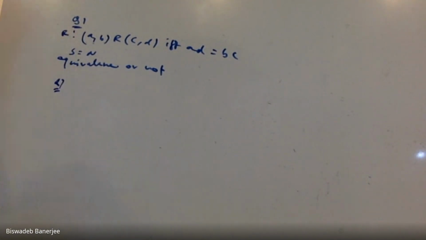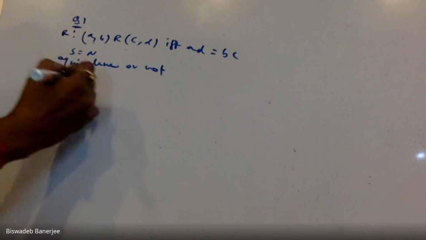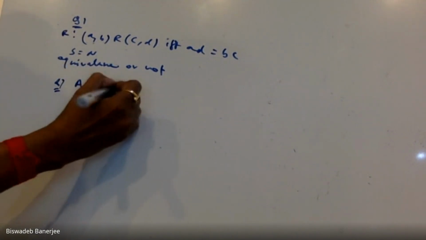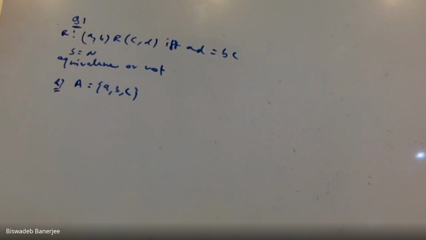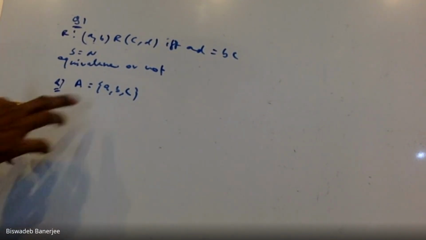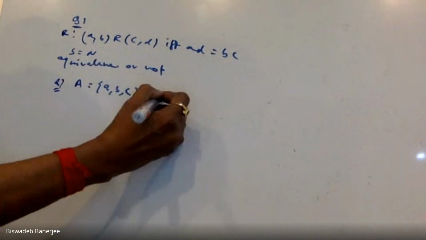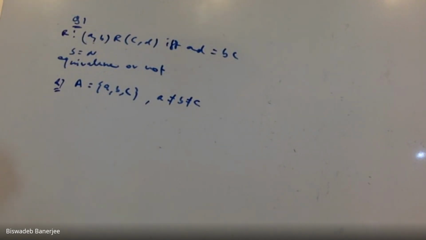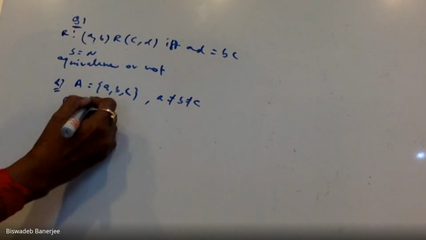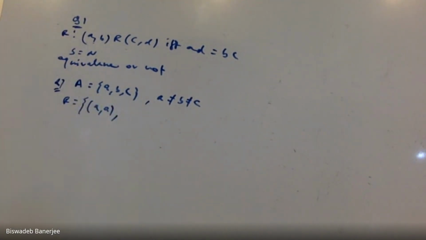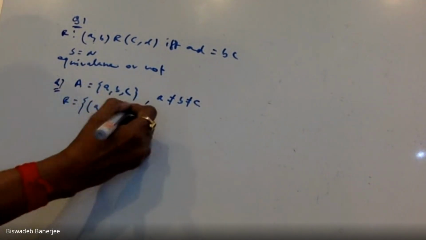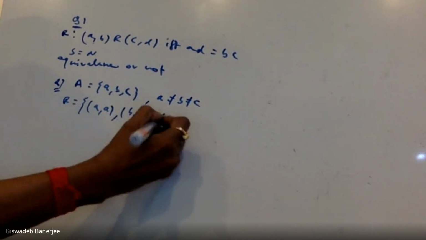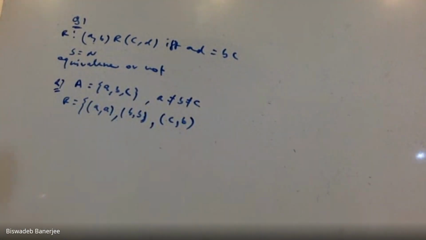Next question. Suppose we are given a set A equal to {a, b, c}, where they are all unequal. Suppose a relation is defined as {(a, a), (b, b), (c, c), (a, b)}.